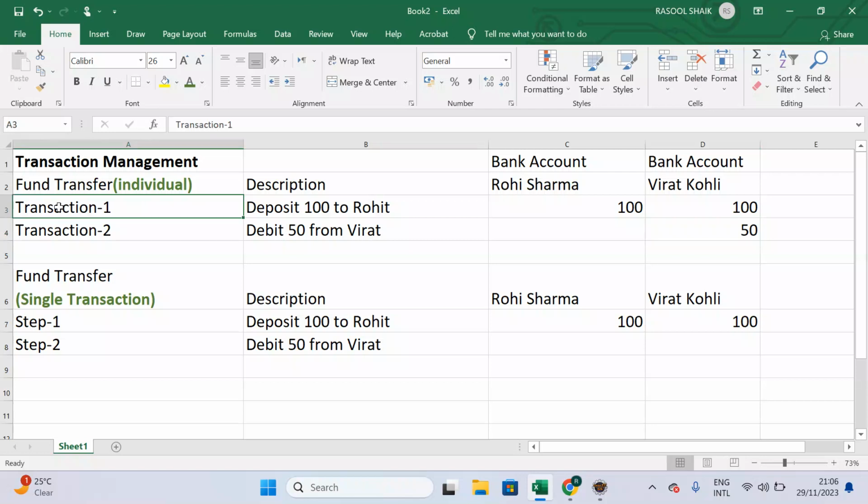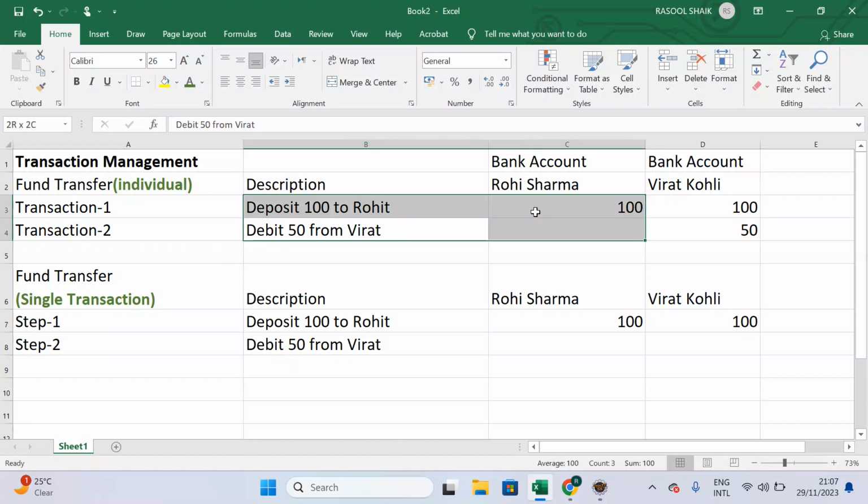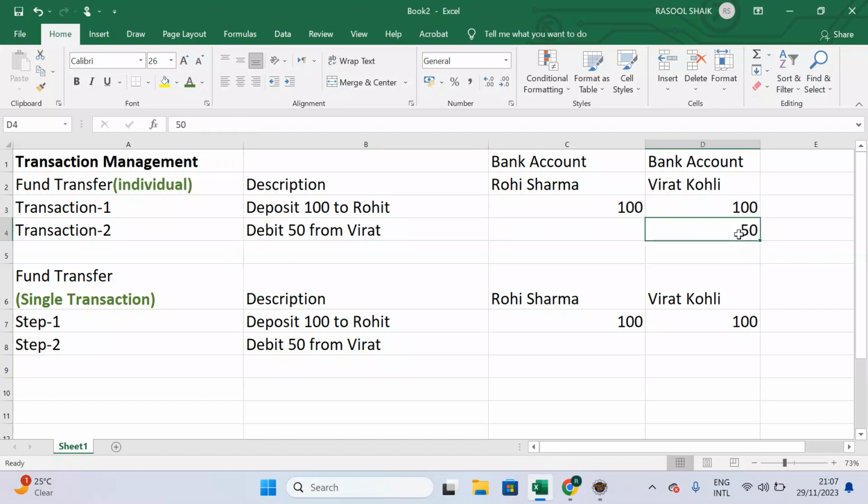Whatever operations we perform in the database or in your bank account are nothing but one transaction. Depositing 100 rupees to Rohit Sharma is one transaction, and debiting 50 rupees from Virat Kohli's bank account is another transaction.